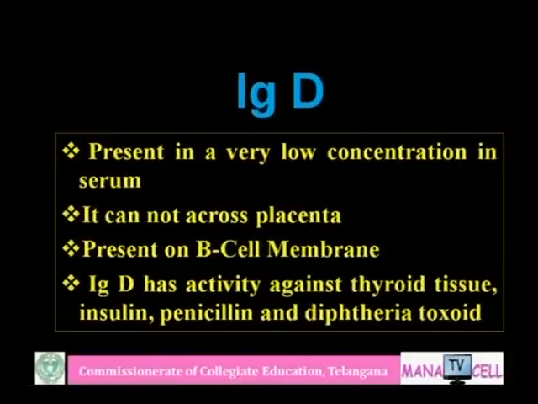IgD is also produced during some autoimmune disorders like thyroid disorder and insulin dependent diabetes, and it also shows a reaction with penicillin as well as diphtheria toxoid.